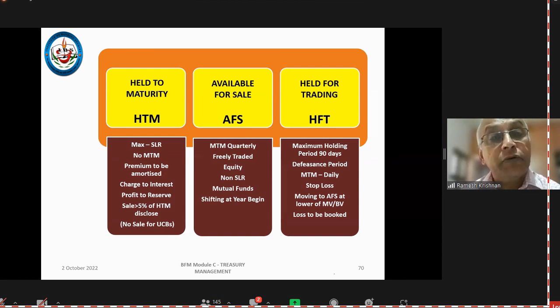Therefore, RBI has given you the concession that HTM portfolio you need not mark to market. So the bank is protected from providing for depreciation so long as the securities are held in the HTM category.